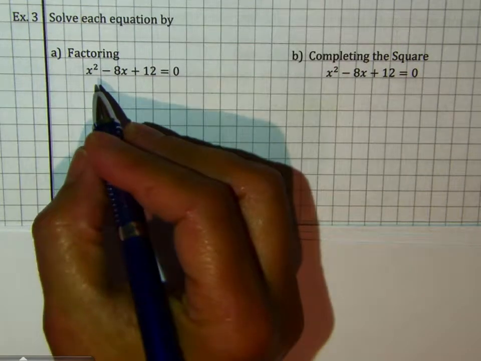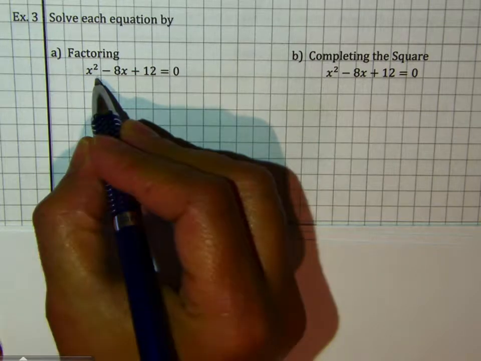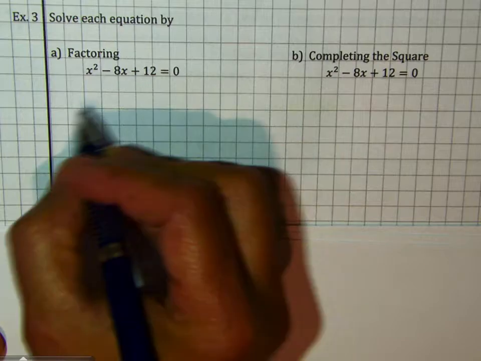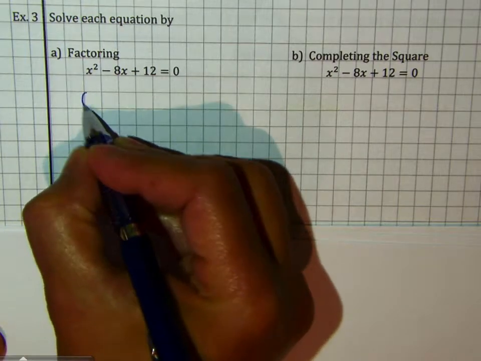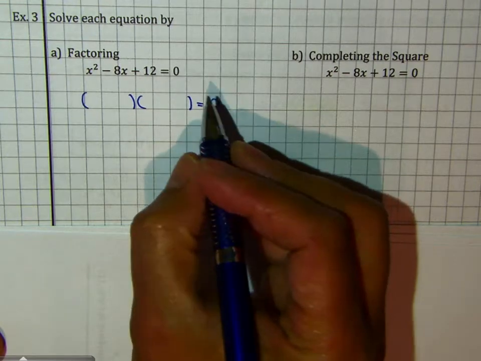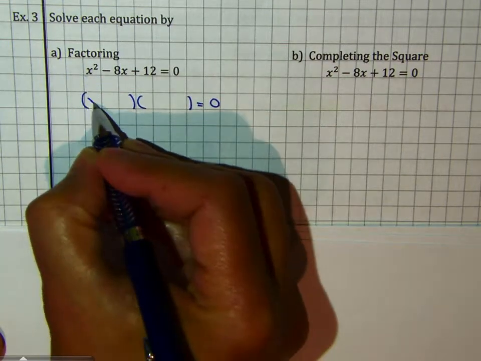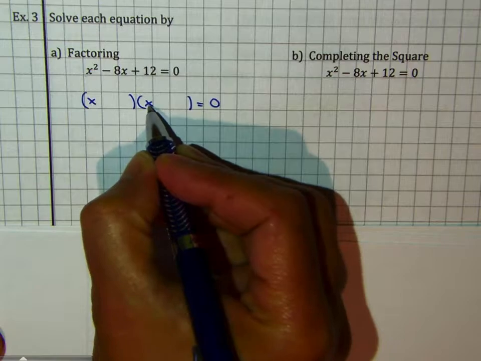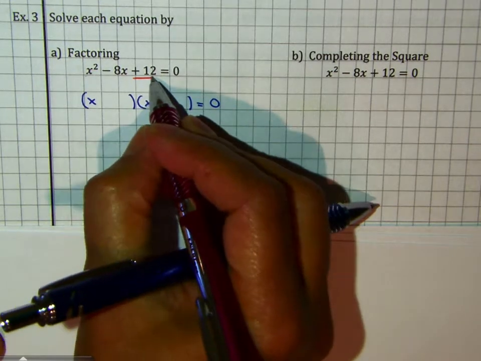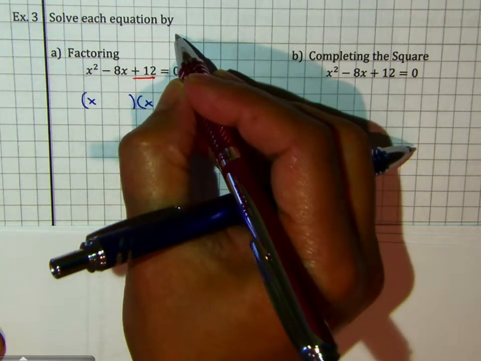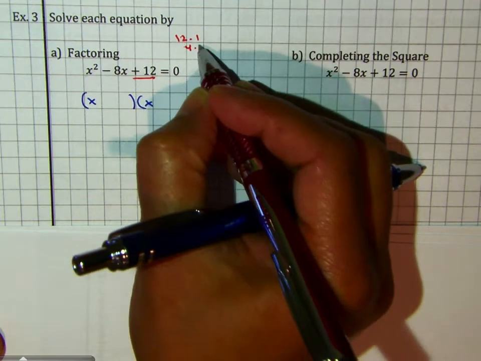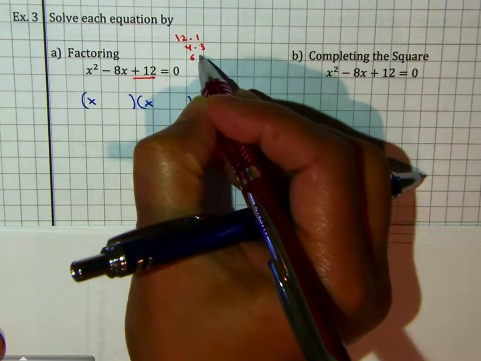Now, when we have a quadratic equation, we can solve it in different ways. We are going to factor it first. Remember, by factoring, we use our double parentheses equals 0. What are the factors of x squared? x and x. What are the factors of positive 12? 12 times 1, 4 times 3, or 6 times 2.